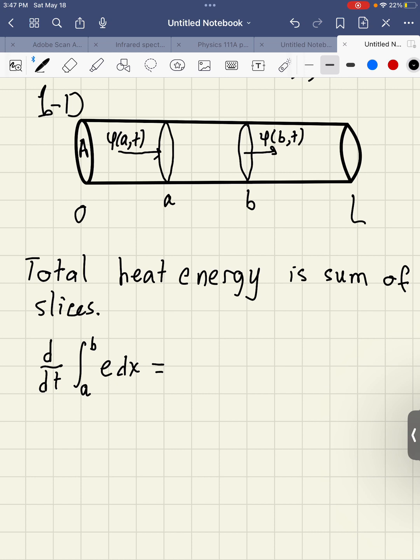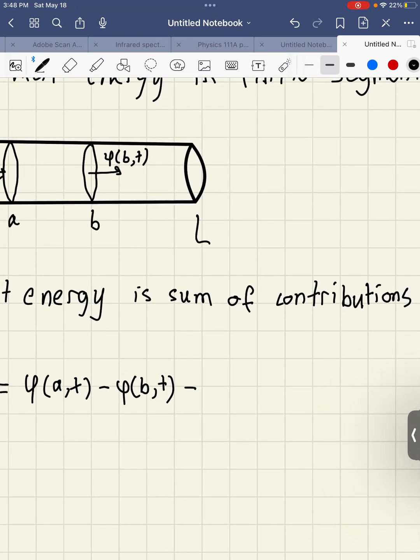It's just the total heat energy across the boundaries: the amount of heat energy that enters and the amount that leaves. So it's going to be phi of A, t minus phi of B, t, and then plus the heat generated density within that segment.